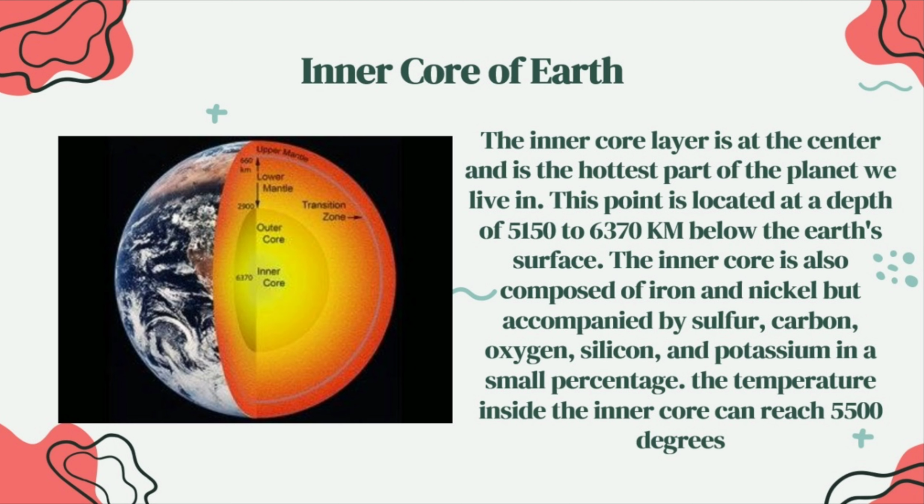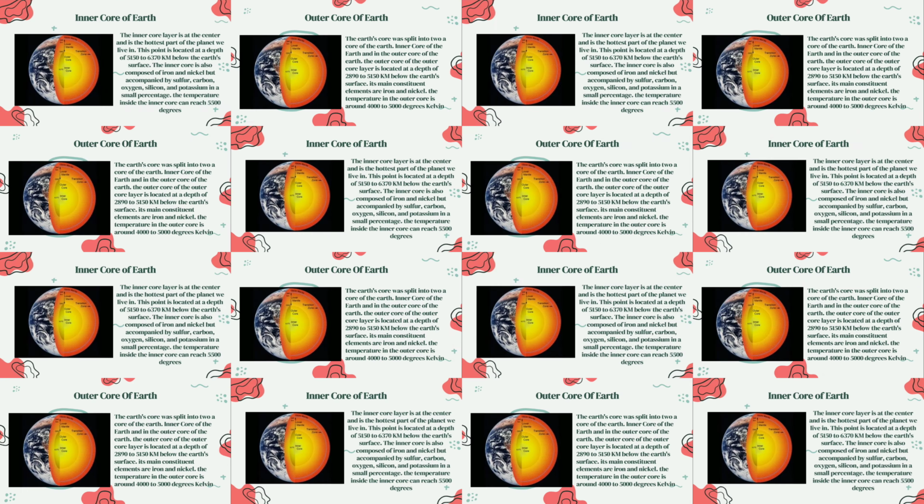The inner core is also composed of iron and nickel, but accompanied by sulfur, carbon, oxygen, silicon, and potassium in small percentages. The temperature inside the inner core can reach 5,500 degrees Kelvin.